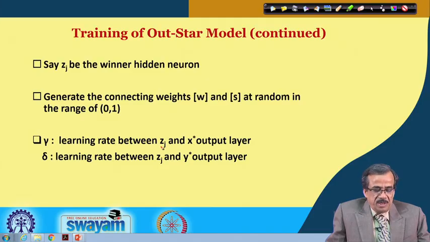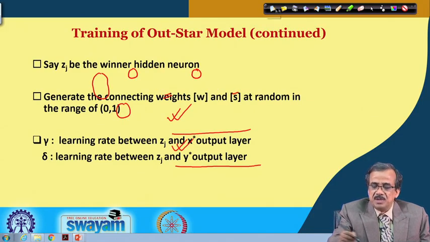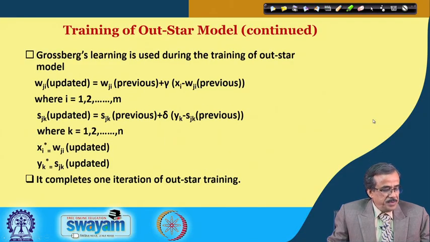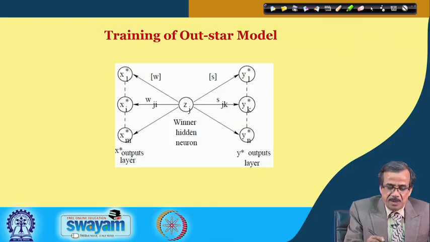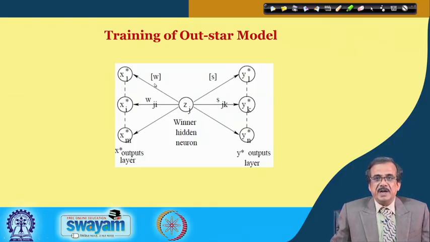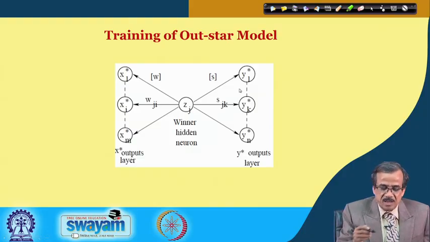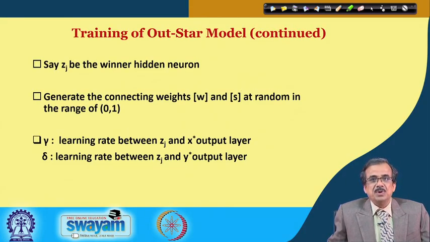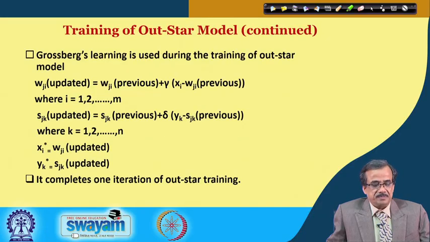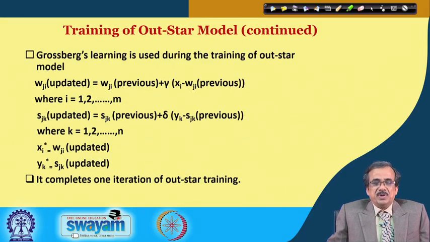So, between z j and x star we have one learning rate, and here we have got another learning rate. We will have to assign numerical values to these learning rates, and their values will lie between 0 and 1.